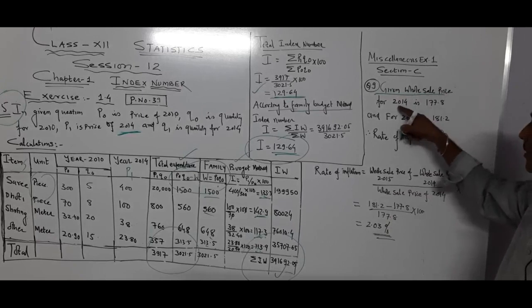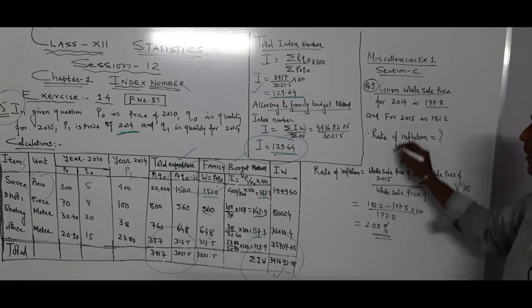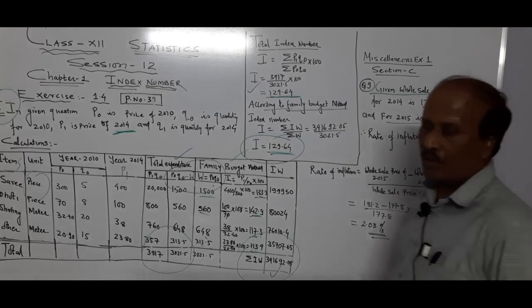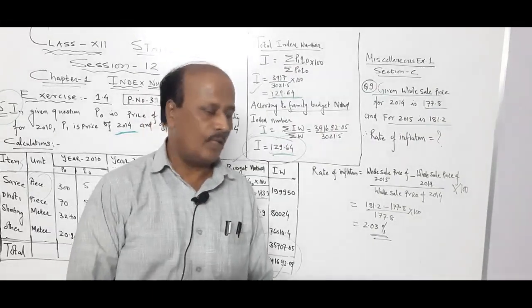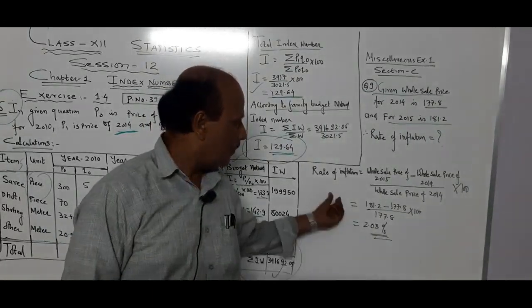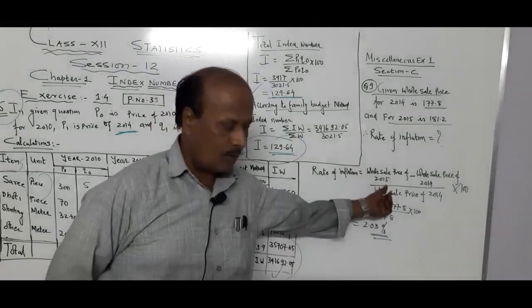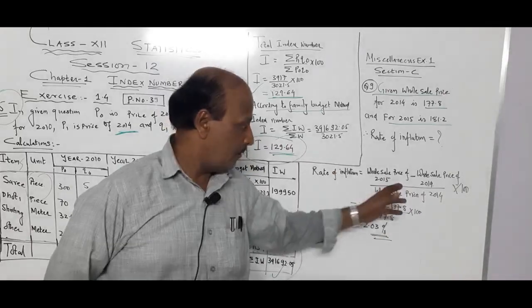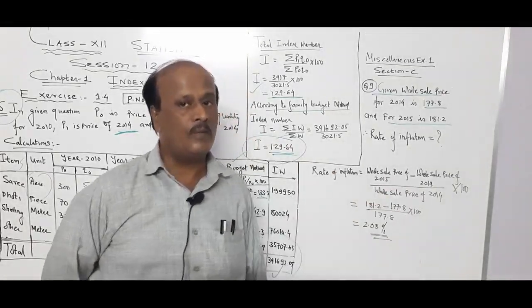Given wholesale price for 2014 177.8 and for 2015 181.2, and first time I picked up a question where we are supposed to find the rate of inflation. So what is that formula? Wholesale price of 2015 minus wholesale price of 2014 divided by wholesale price of 2014.